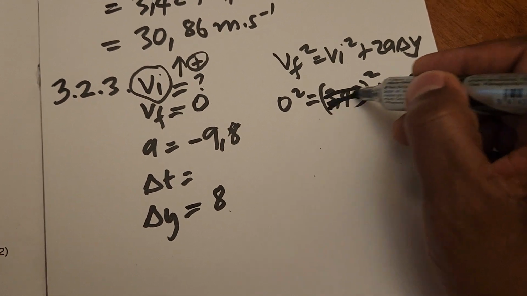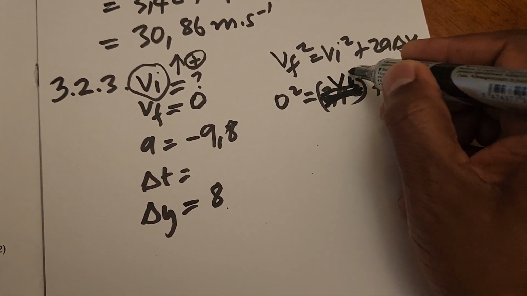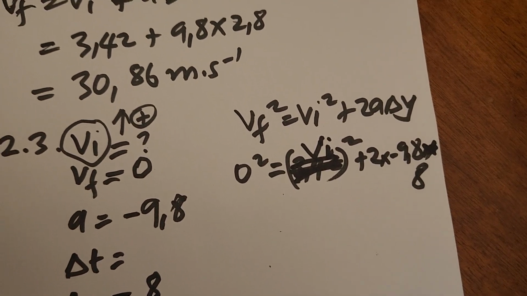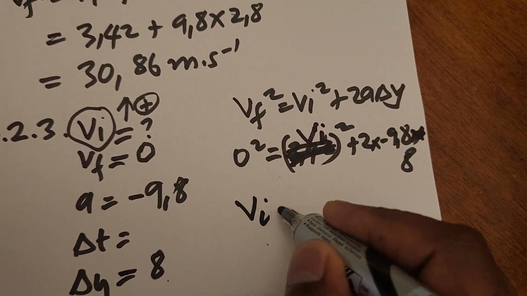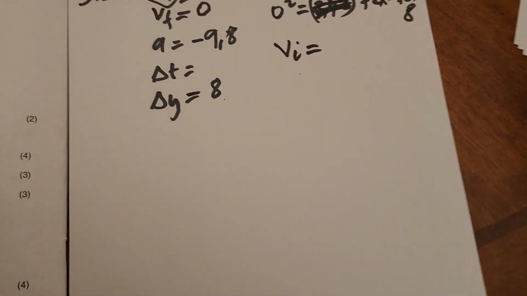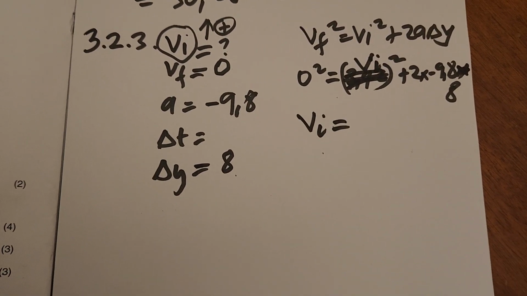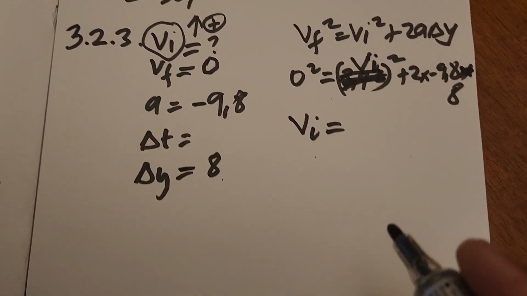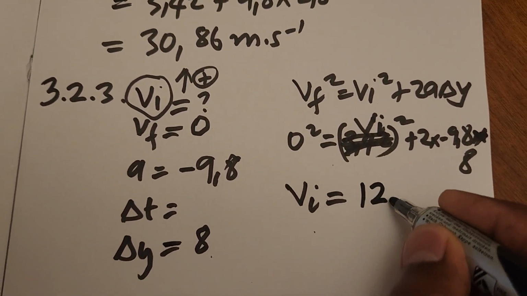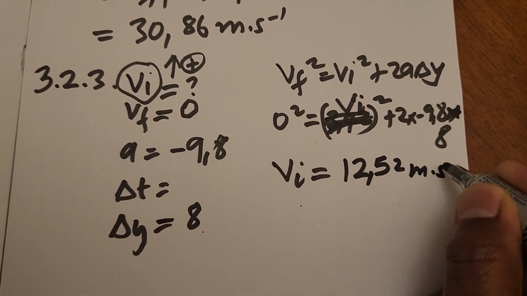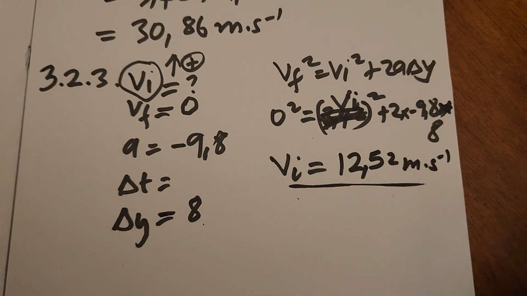Oh, sorry, this is not given. This is a VI. We are calculating the VI, which is the speed with which the ball leaves the ground. If we use a calculator, we must find that that speed will be 12.52 meters per second.